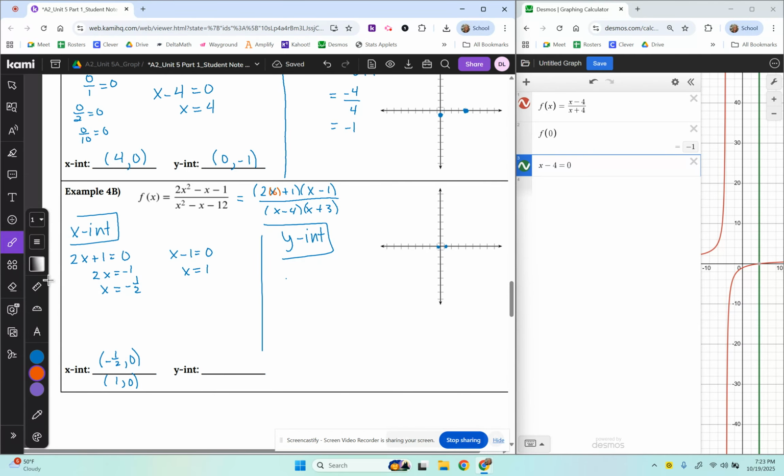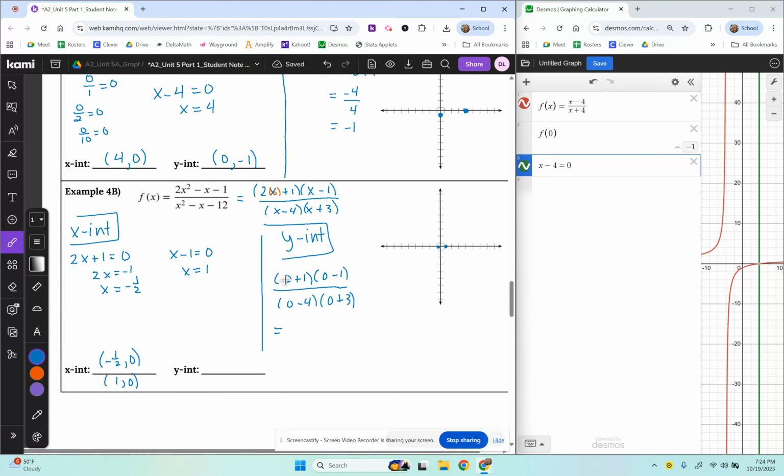Okay, so if we make that a 0, then when we come down here, 2 times 0 is just 0. So in this first set of parentheses, we're going to have 0 plus 1. In the second set of parentheses, we're going to have 0 minus 1. And then do the denominator. X minus 4 becomes 0 minus 4, and x plus 3 becomes 0 plus 3.